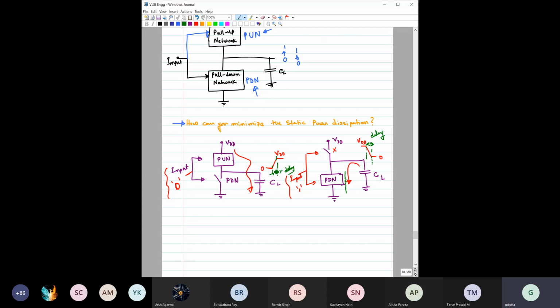So this is another delay which we need to take care of. But as of now, the delay is not the primary concern of our discussion. The primary concern is to reduce the static power dissipation. But I just wanted to point out that there is a delay component, both in the rising part and in the falling part.